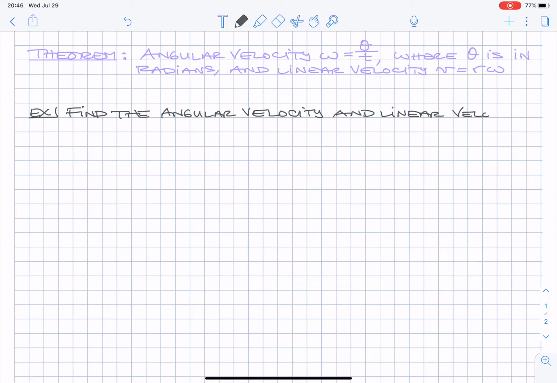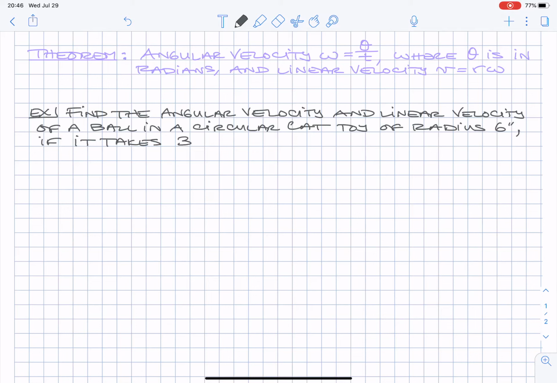So find the linear velocity of a ball in a circular cat toy of radius 6 inches, if it takes, let's do 3 seconds, for the ball to go around the circle.